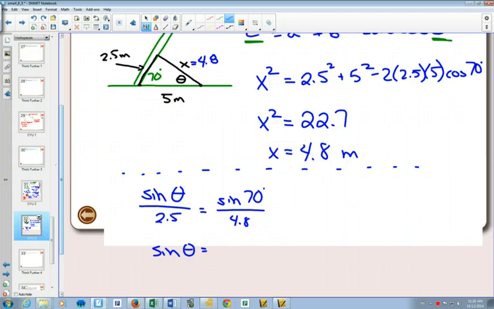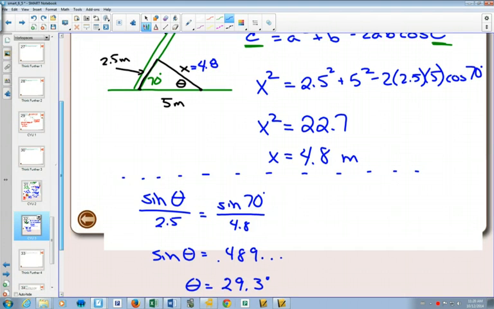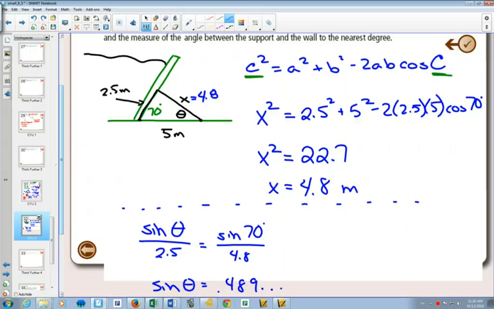And 0.489, do sine inverse of that, and we get theta equals 29.3 degrees. To the nearest degree would be 29 degrees.